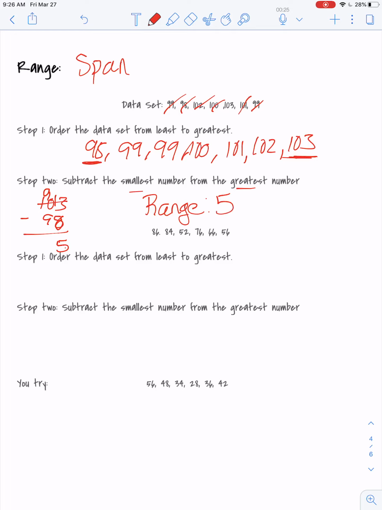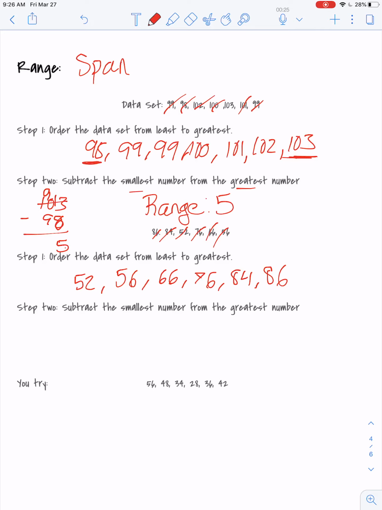Let's look at our next data set. Our smallest number, 52. And we have 56, 66, 76, 84, and 86.